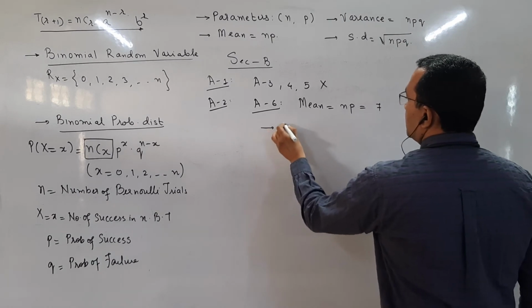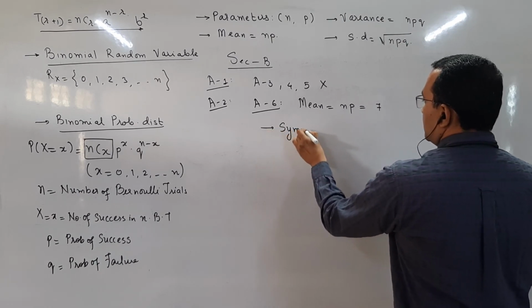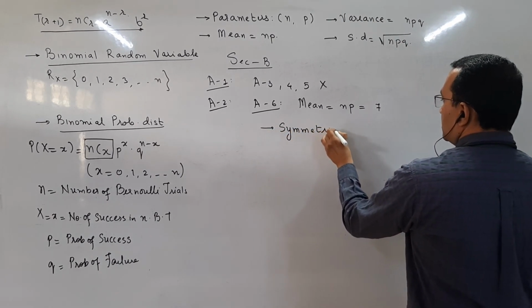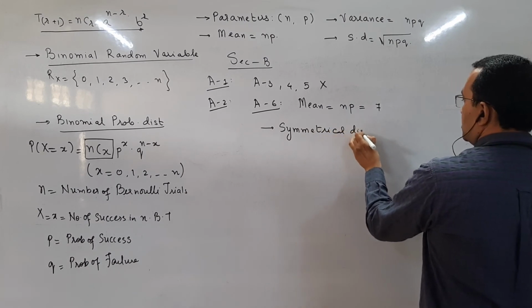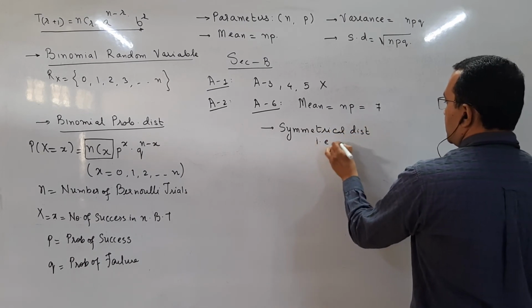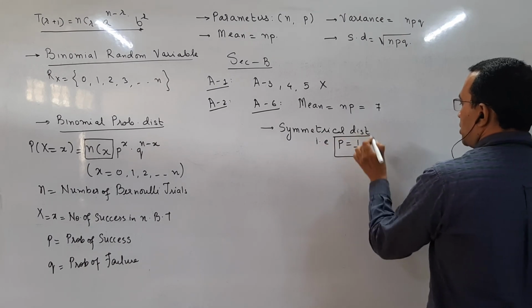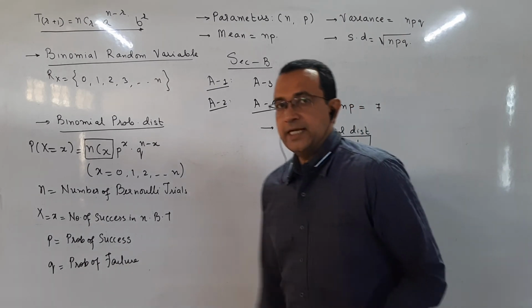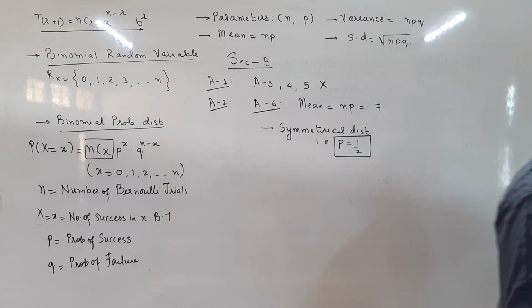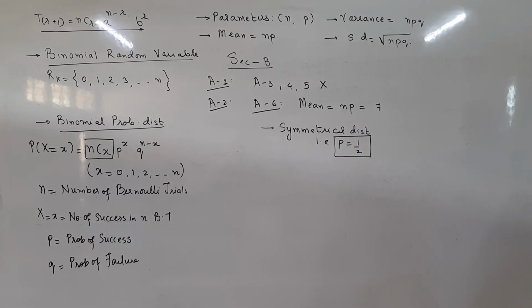And another piece of information is given: it is a symmetrical distribution, that is, p is equal to 1/2. This you have to understand as the hidden information.